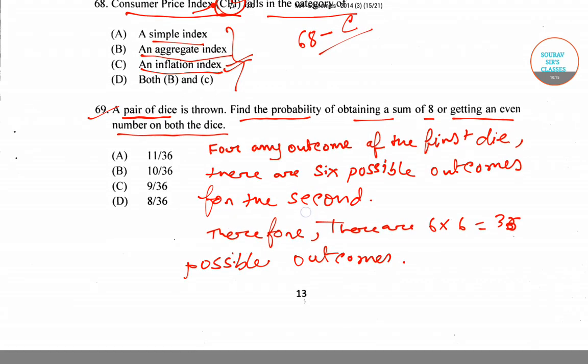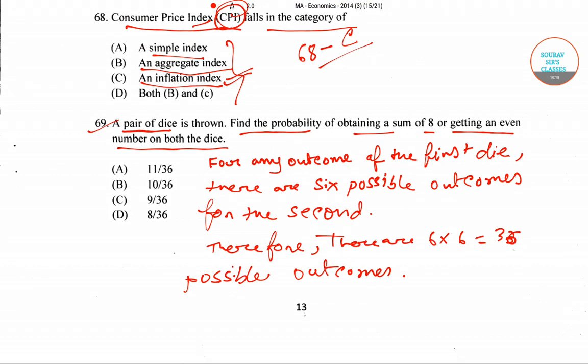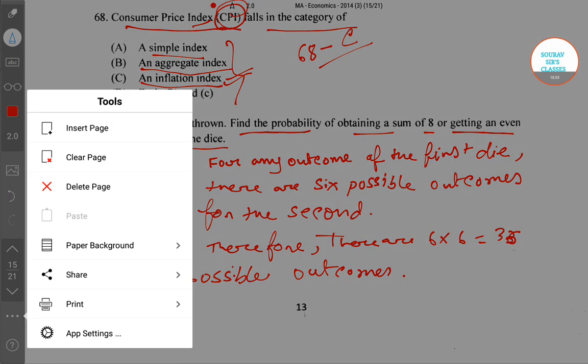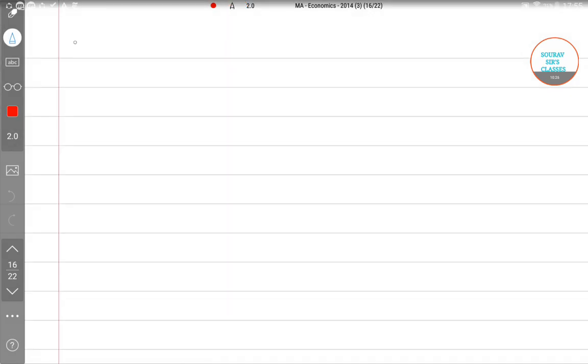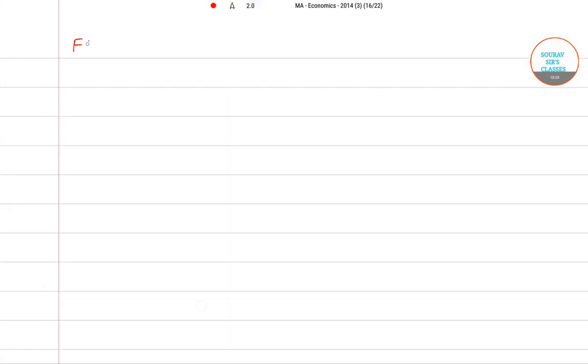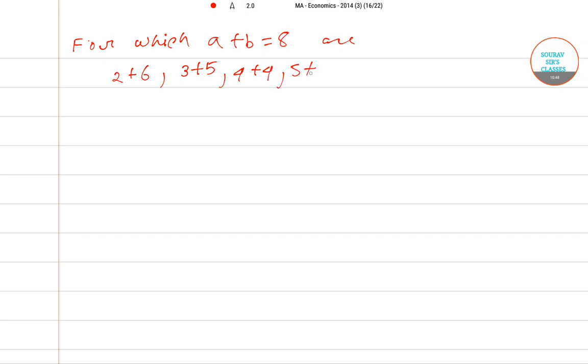Now, of these outcomes, the ones for which a plus b equals 8 are 2 plus 6, 3 plus 5, 4 plus 4, 5 plus 3, 6 plus 2, or 5 outcomes.